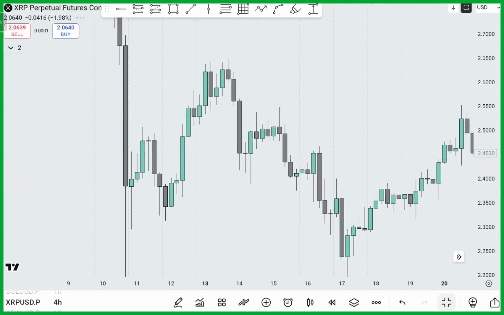They are quite rare. They are not like fair value gaps. Fair value gaps, you can get them more often.